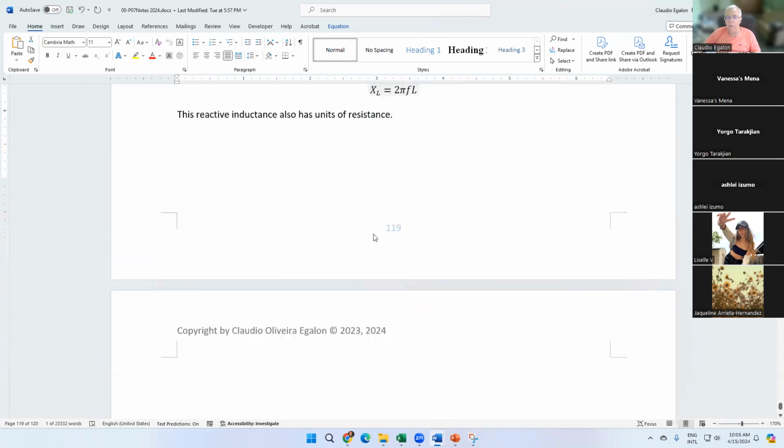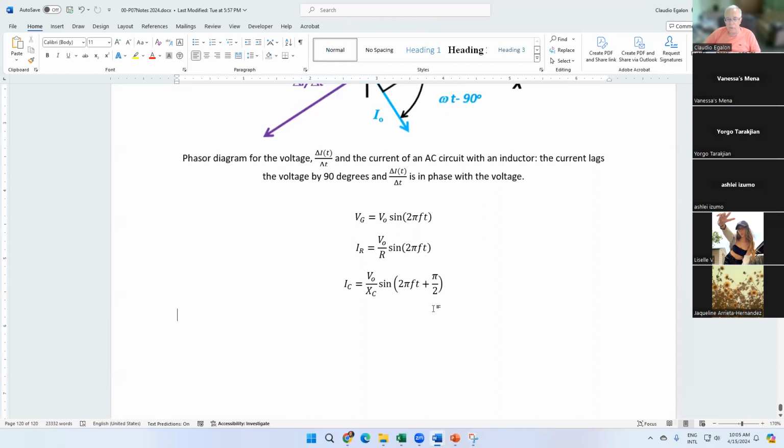Yeah, okay, I will do that. Is that simple enough to memorize? It's not difficult, right? But don't forget, when I say that the current has this phase here, I'm saying that the current has this phase with respect to the voltage, okay? And I'm going to put that here, sub L.